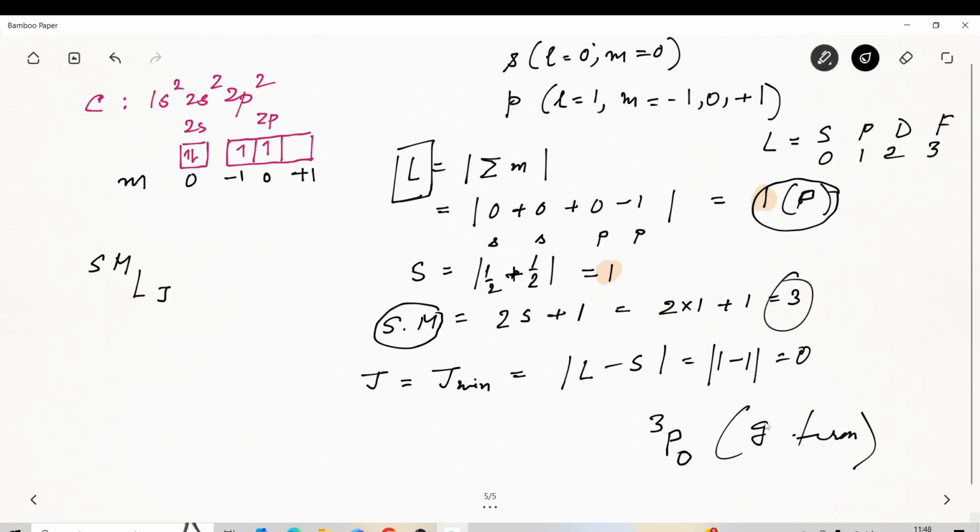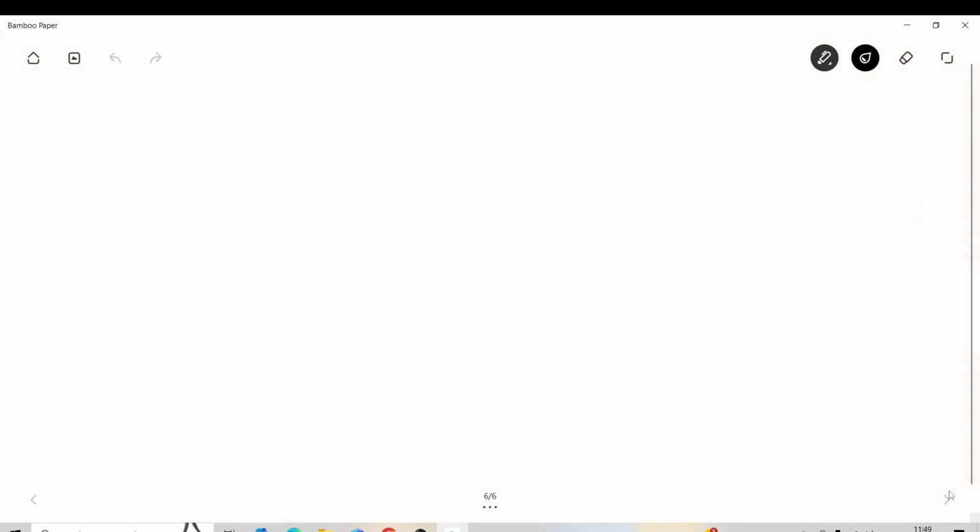Now let us try to find out the ground state term for oxygen. Okay. Say for oxygen, you know it is helium 2s2 2p4.